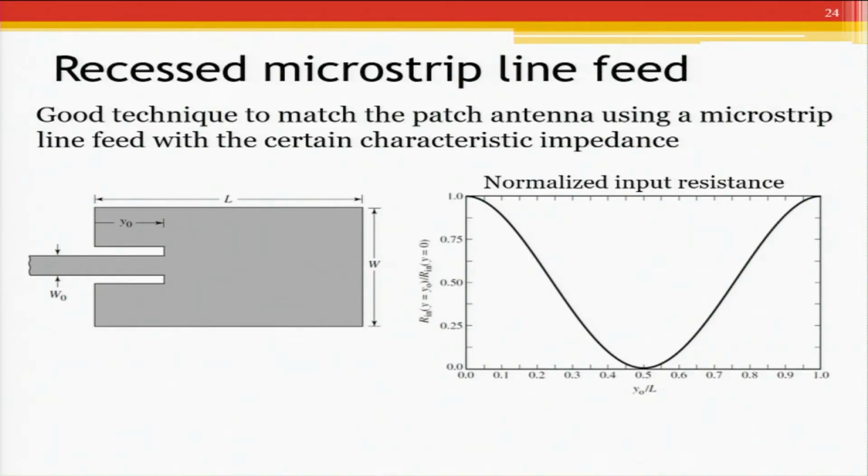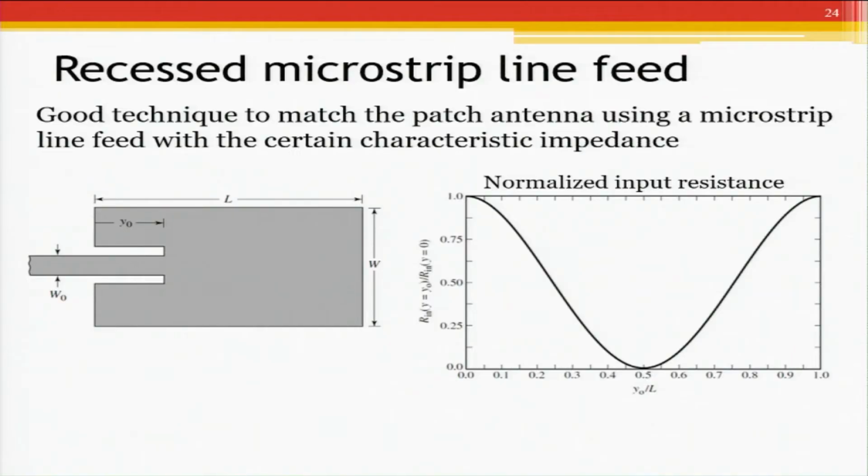We call it the recessed microstrip line feed. Recessed means that it just retreated inside this patch. Instead of staying here, it recesses inside this patch, to this position. This is a good technique to match the patch antenna with a known characteristic impedance.